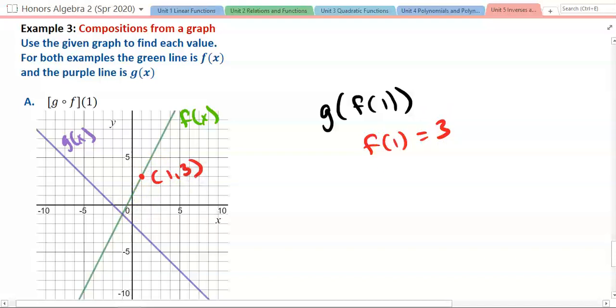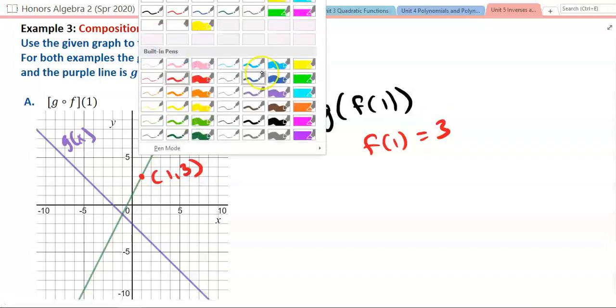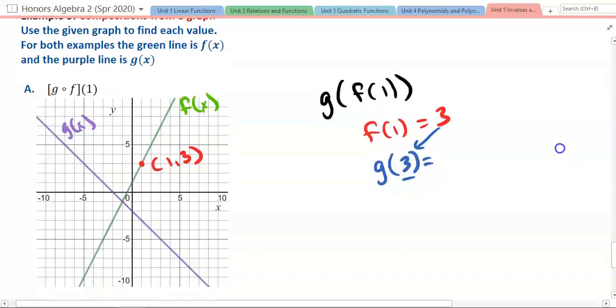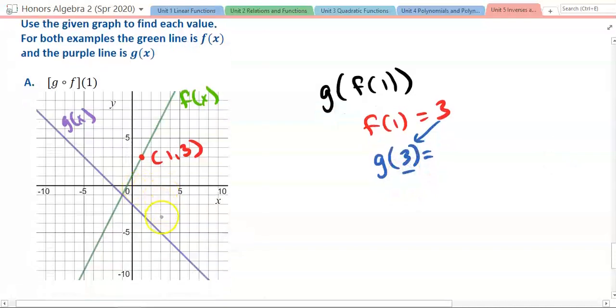Right? So now we go to the g function. G of what value? The 3 comes here, right? So I'm not going to look at x being 1. I'm looking at x being 3. So x being 3 gets me here, which gets me the ordered pair 3, -5.